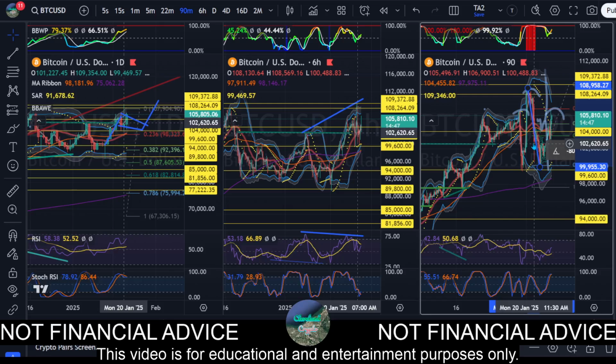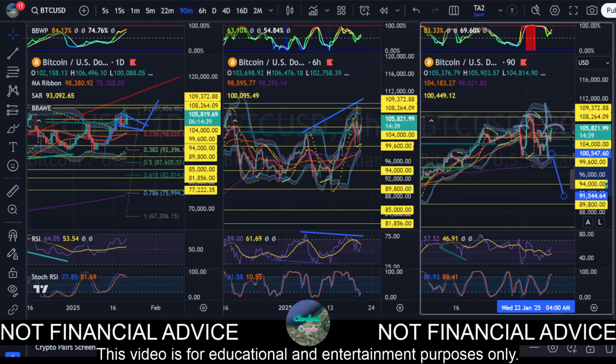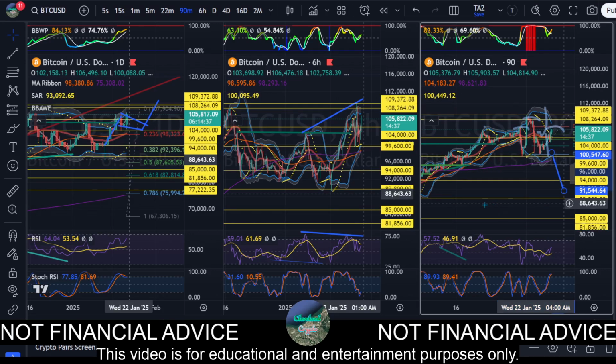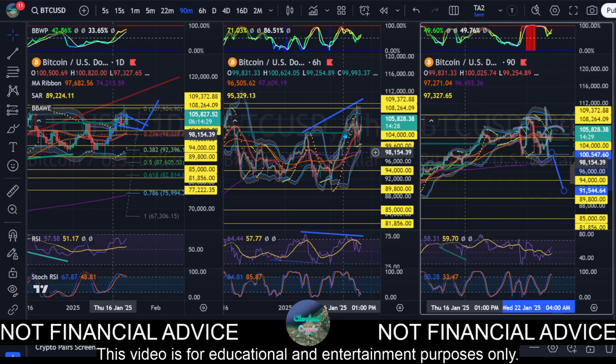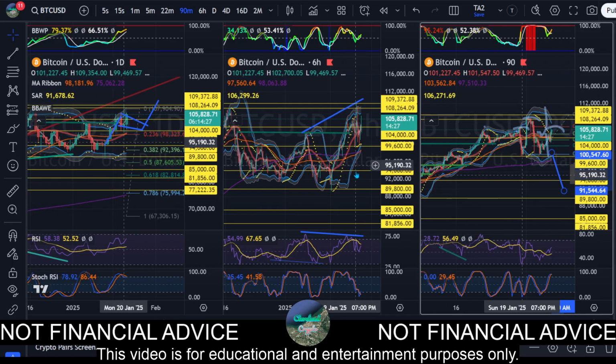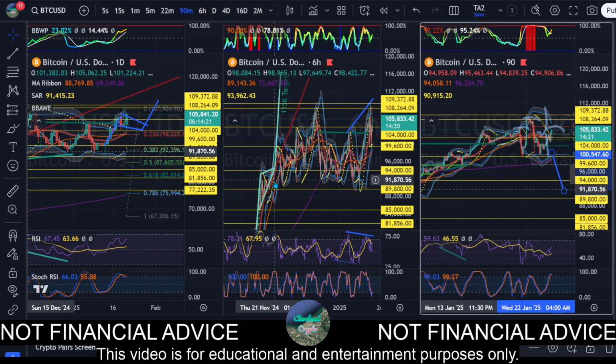However, if no support is found at the shoulder line, no reversal, well then a move downwards from the shoulder line would bring us to 91.5, which is just about the bottom of our range that we've been in since way back here in November of 2024.